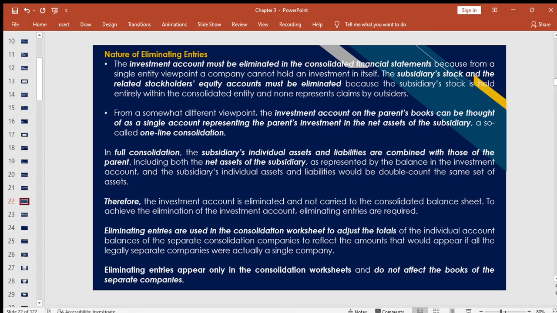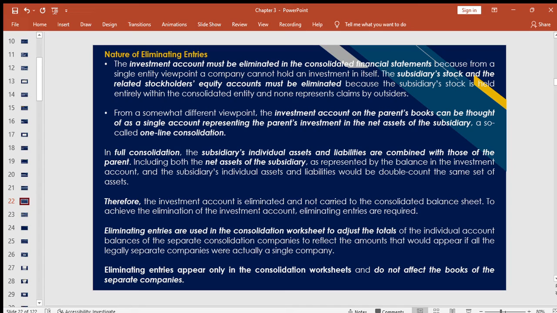Nature of eliminating entries. We have discussed this also in our previous chapters. The investment account must be eliminated in the consolidated financial statements because of the single entity viewpoint. A company cannot hold an investment in itself. From a somewhat different viewpoint, the investment account on the parent's books can be thought of as a single account representing the parent's investment in the net assets of the subsidiary, a so-called one-line consolidation.